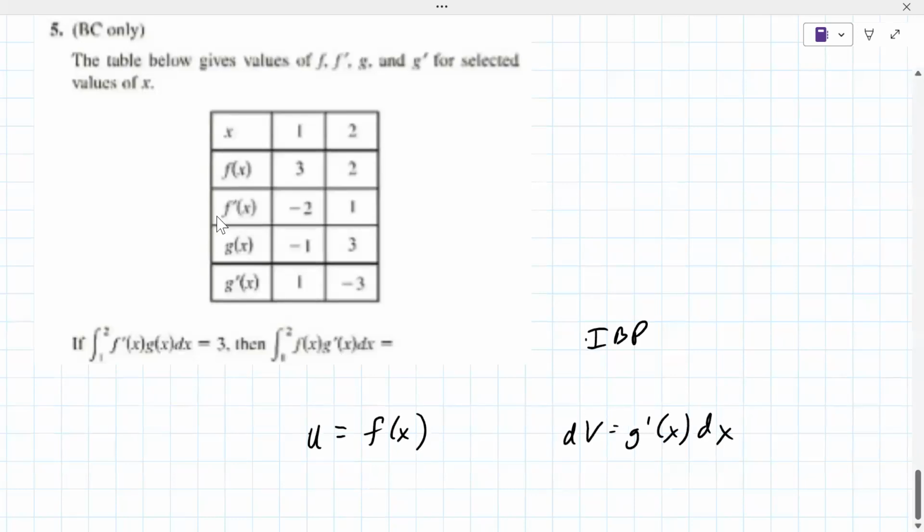The reason is you don't have the antiderivative of f of x, you don't have big F of x. The reason this isn't g of x is because you don't have the second derivative of g of x. So du, or u prime, is f prime of x dx, and v is g of x.